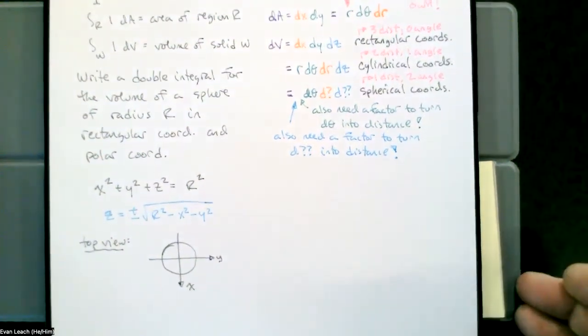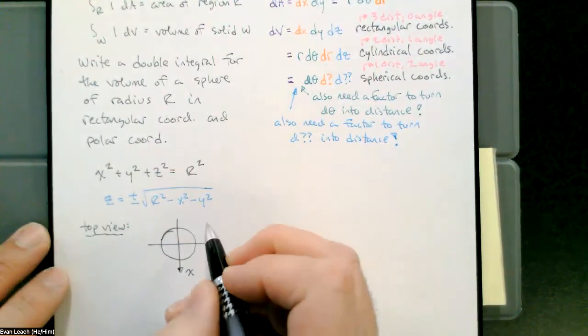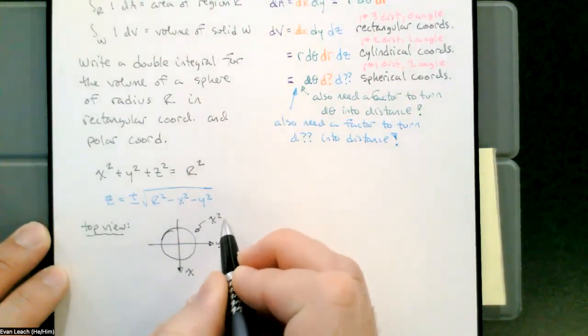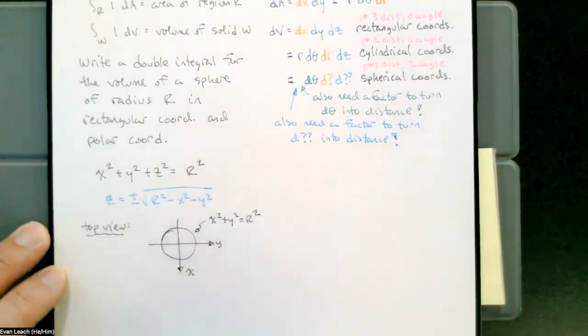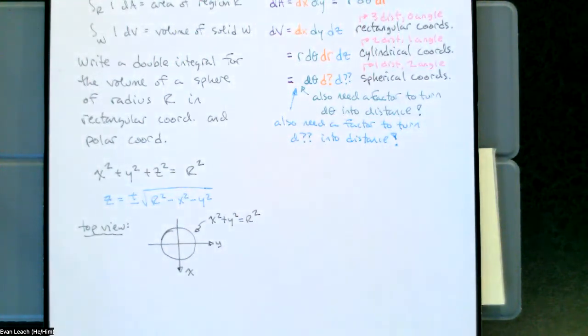From the top view, we're looking at the circle, x squared plus y squared equals r squared. This is going to be the widest part of our sphere. I'm going to write my integral dz dy dx. It has a nice order to it.